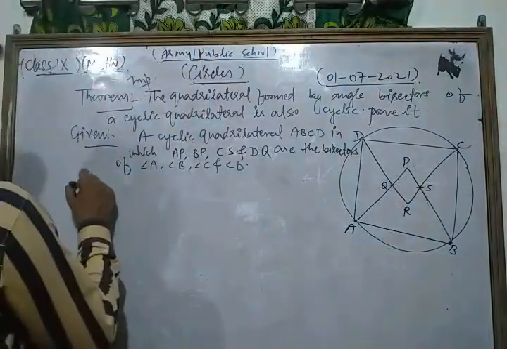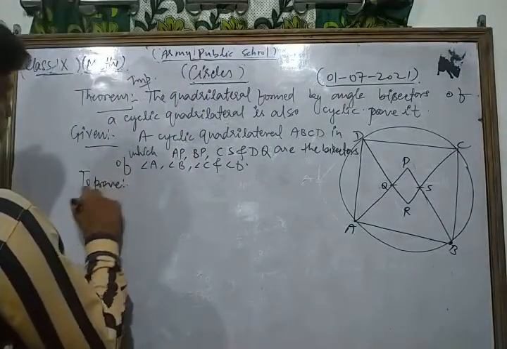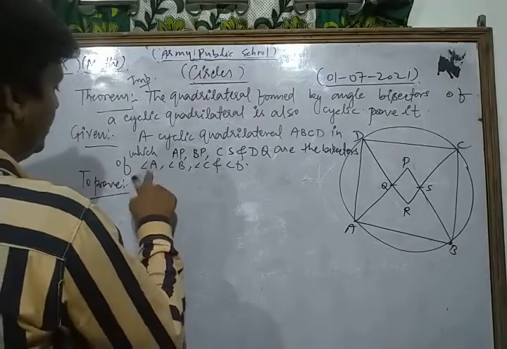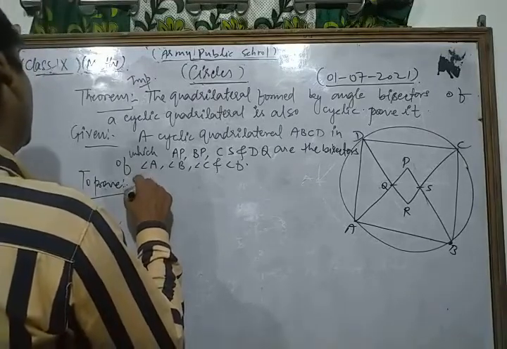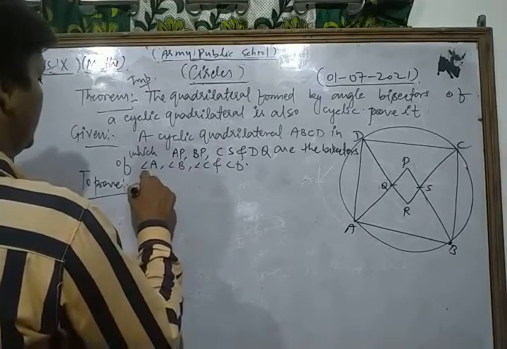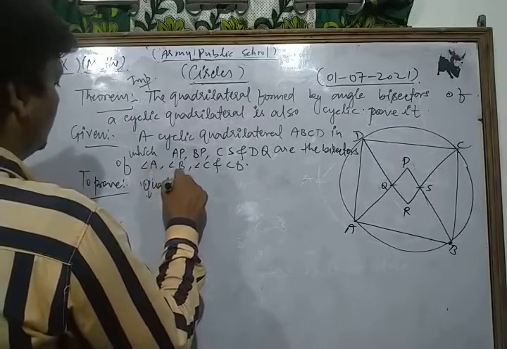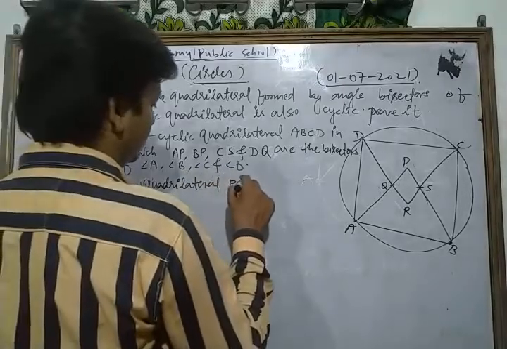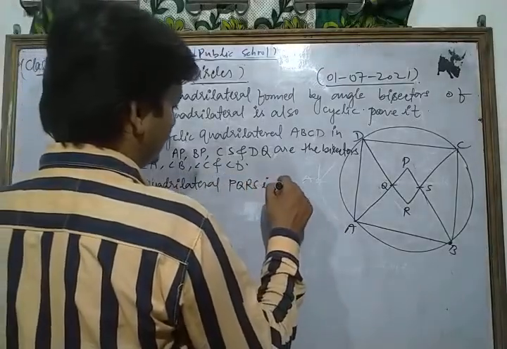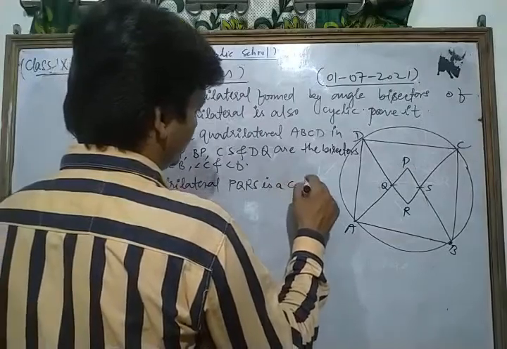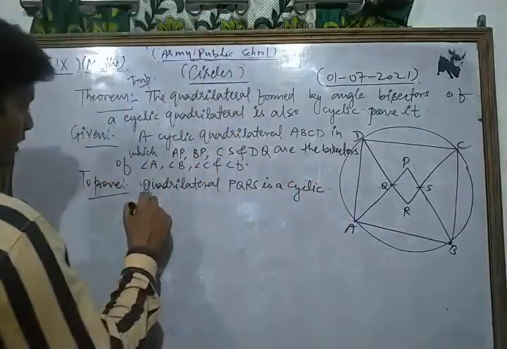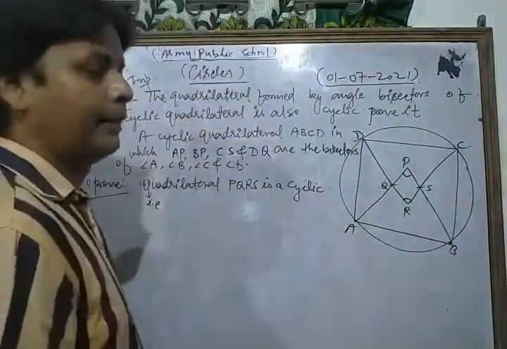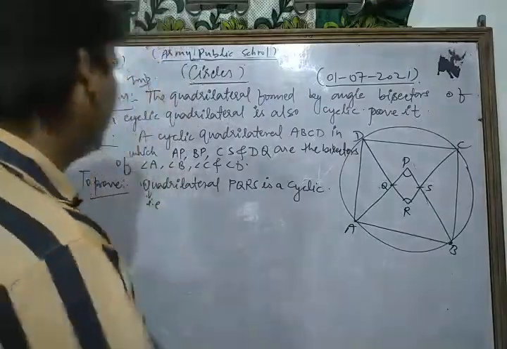To prove: what do we prove? The quadrilateral PQRS is cyclic. That is, we have to show that angle P plus angle R is 180 degrees.